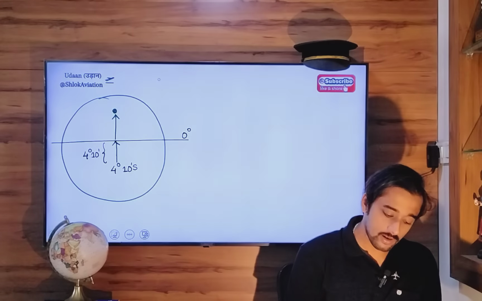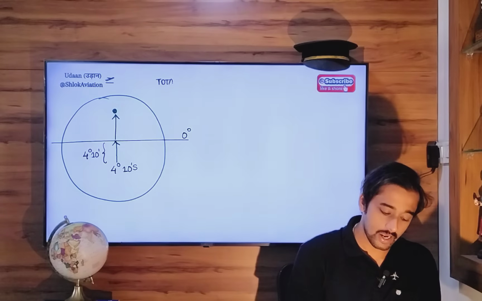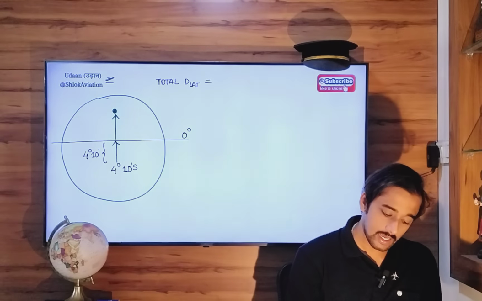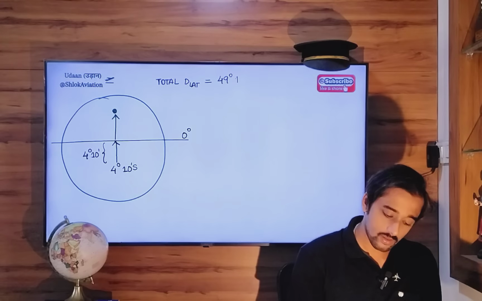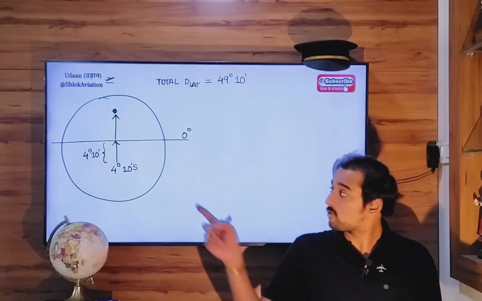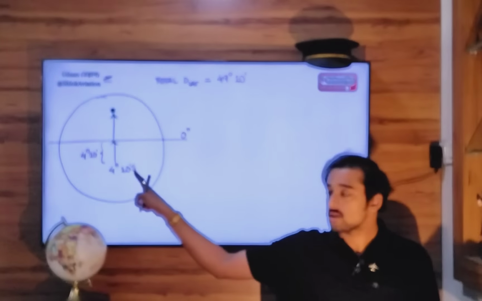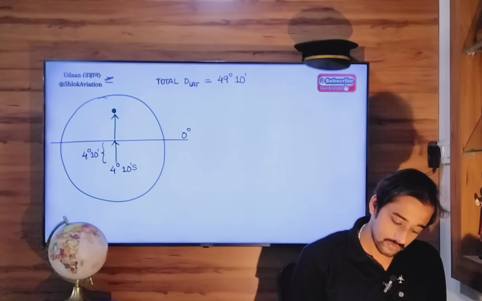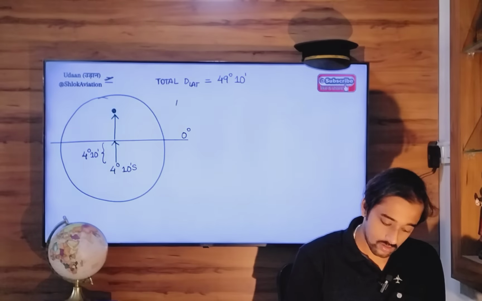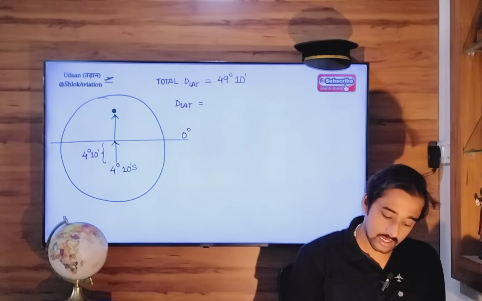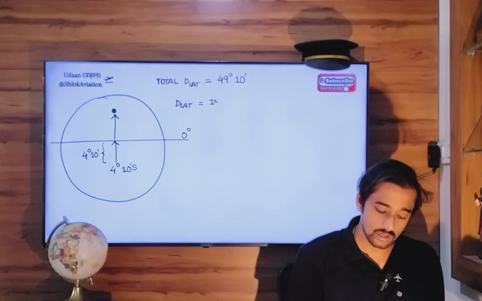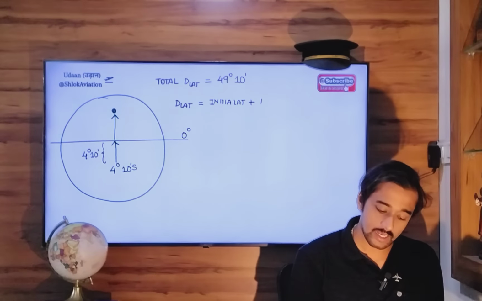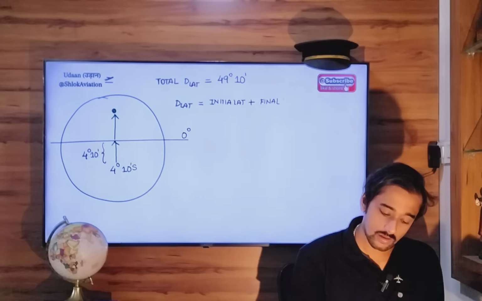The total difference is what? Total d lat is equal to 49 degree 10 minutes. Out of that total 49 degree 10 minutes, we have traveled 4 degree 10 minutes in the southern hemisphere. So d lat is nothing but initial latitude plus final latitude or new latitude.